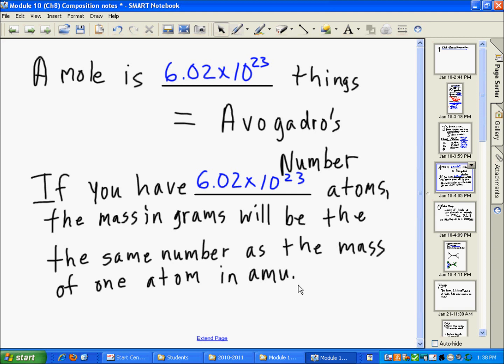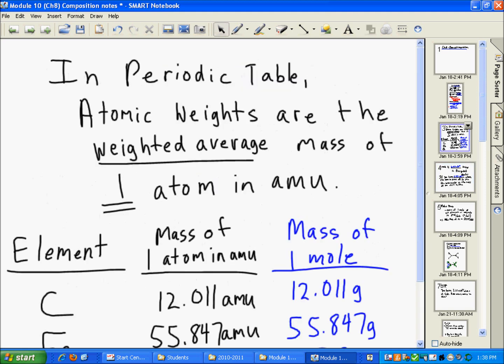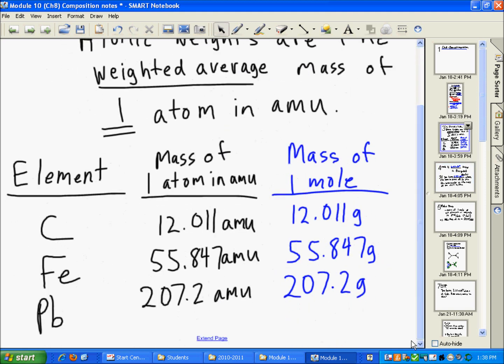What that looks like is, now we can go back to the previous table, and we had seen that carbon, on average, the weighted average of carbon for one atom is 12.011 AMU. Well, if you have a mole of carbon atoms, in other words 6.02 times 10 to the 23 carbon atoms, you have 12.011 grams.